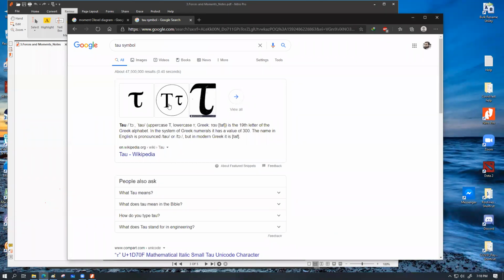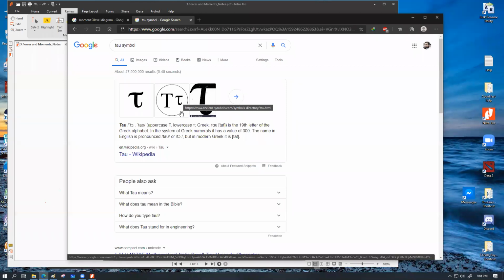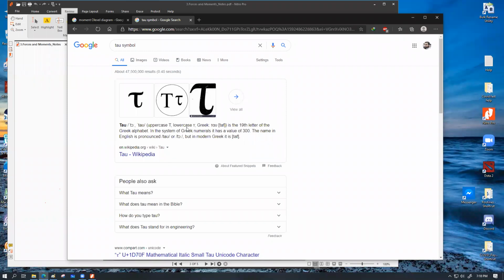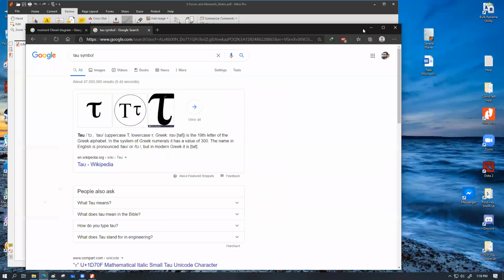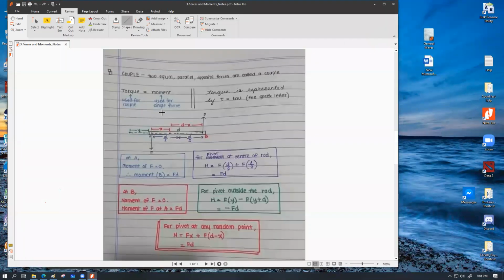This is tau. Many of the alphabets that we have were adapted from Greek, and tau was the Greek symbol for T. Then the English linguists decided we are not going to work with so many curves and everything. We're simply going to make it look like this, which works. No big deal. So yeah, tau is represented by this symbol.